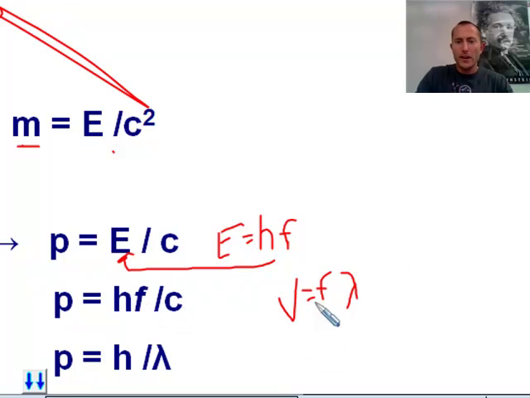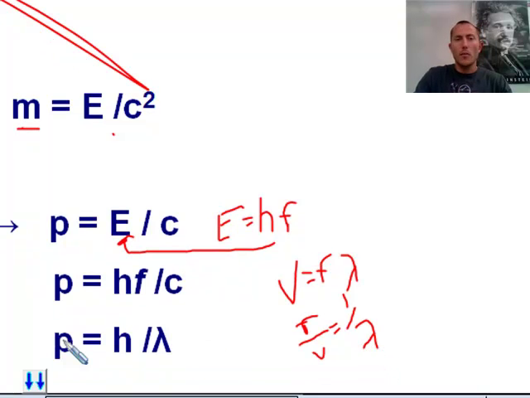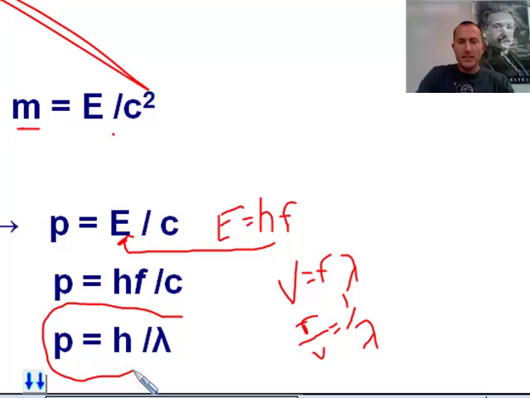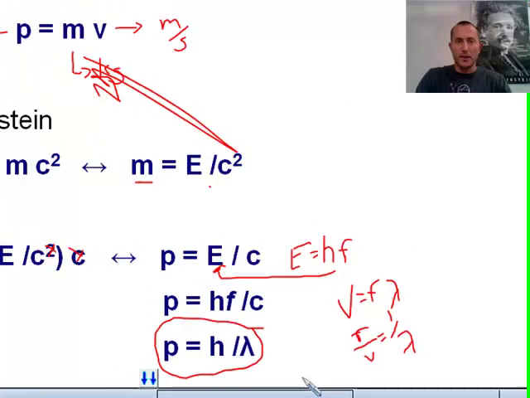And if we rearrange our v equals f lambda and solve, f over v ends up being 1 over lambda. And so if we plug 1 over lambda in for f over v, we get the momentum of a particle of light equal to Planck's constant divided by the wavelength of light. So p equals h over lambda.